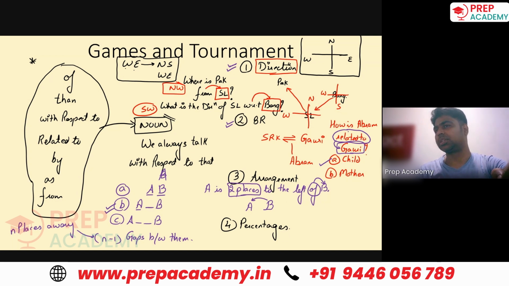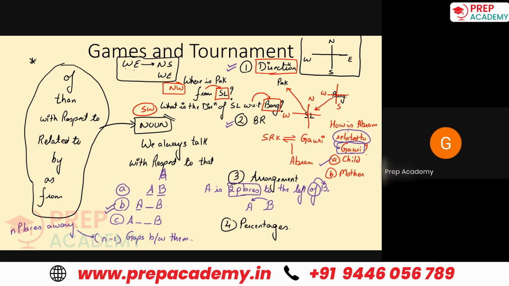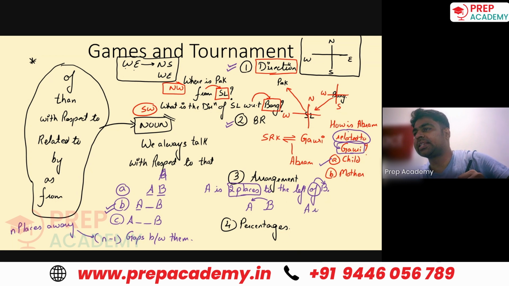Okay. So, sir, n places away and two places to the left mean the same thing? Like the phrases can be used interchangeably? Not exactly. A is 2 places away from B. That means after from, B comes, so we will put B first. But 2 places away means 1 place, 2 place.